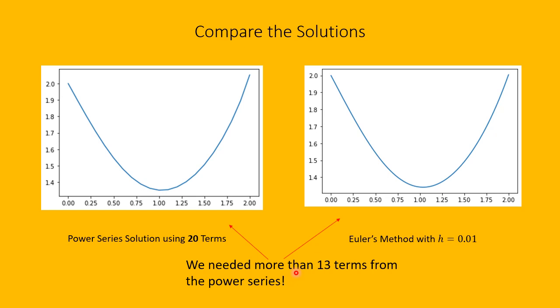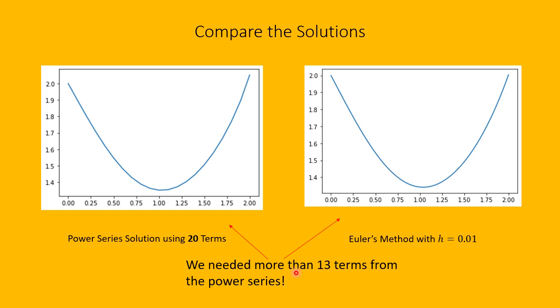One question that we could ask is, how many terms would we need to get a certain level of accuracy? That could be a fairly hard question to answer in general for power series because we don't really have a nice formula for the c sub k's. What we have instead is a recurrence formula.